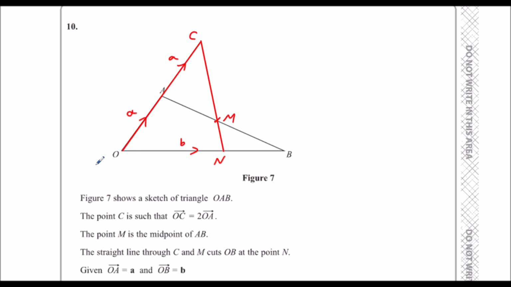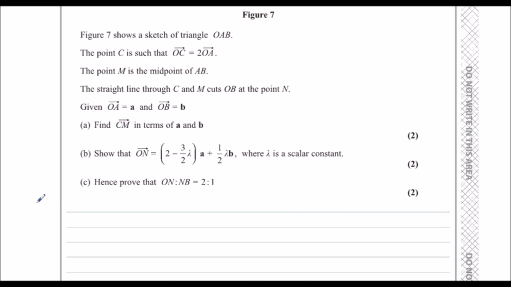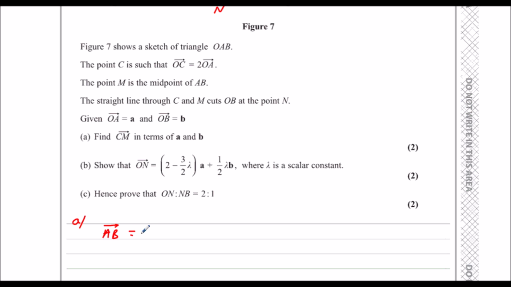So C to M, so we want to go C to A, and then half of A to B. So let's say A to B first. To get from A to B, we go minus a, backwards down an a, plus a b. So minus a plus b.